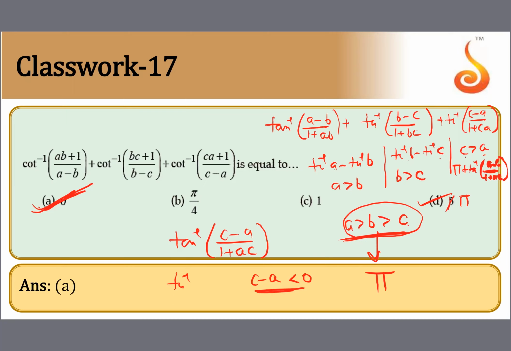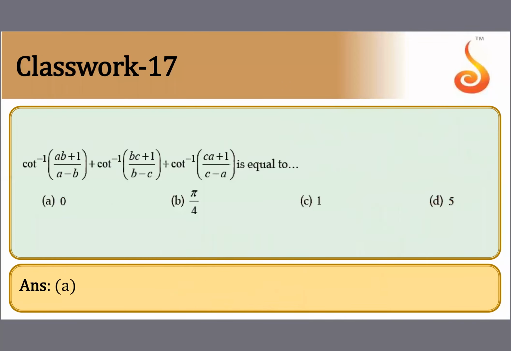That's why what we do is pi minus tan inverse (a minus c) by (1 plus ac). Then all will cancel, and you get pi. Yes, inequality, you must be very careful while applying it, because the angle must be in the principal range. Tan inverse lies between minus pi by 2 and plus pi by 2, so that's why you have to do pi minus. Next one. As nothing is mentioned, the answer is 0.